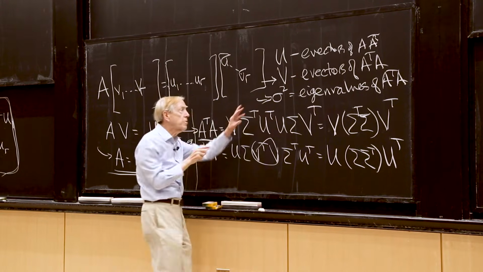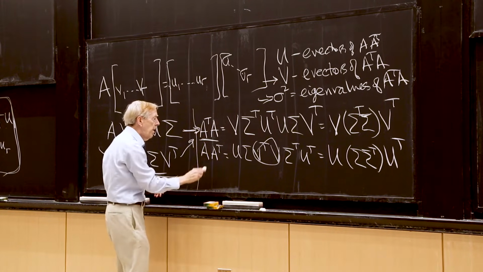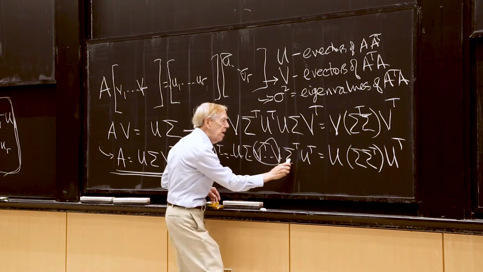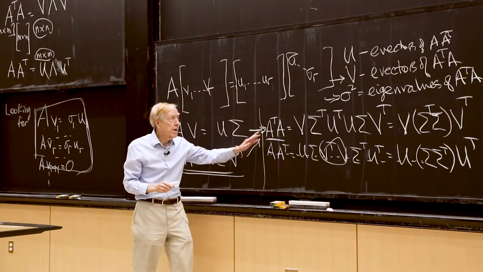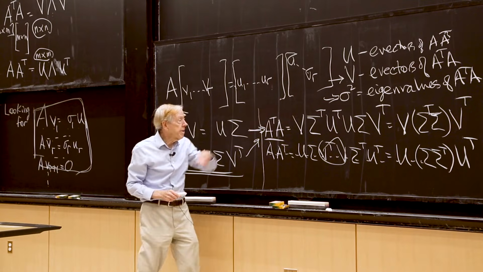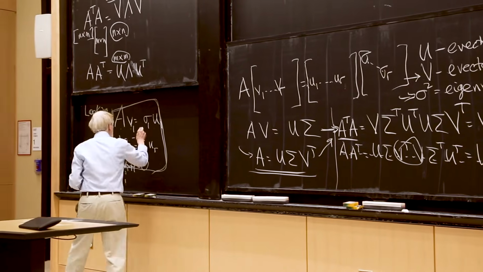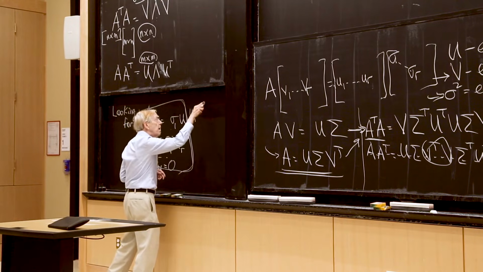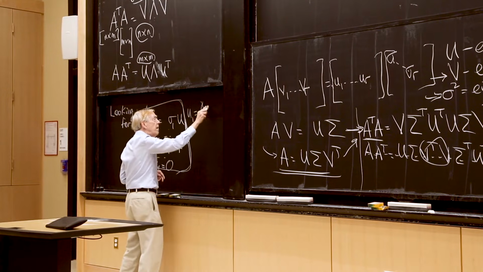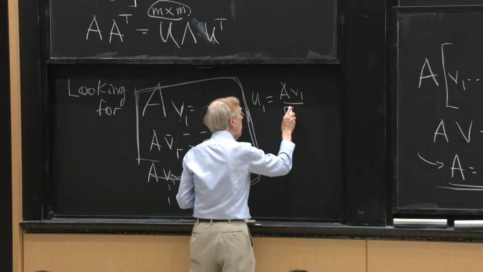I concluded those from this step. Now I'm not going to use this step so much. Of course, it's in the back of my mind, but I'm not using it. I'm going to get the U's from here. So U1 is A V1 over sigma 1.